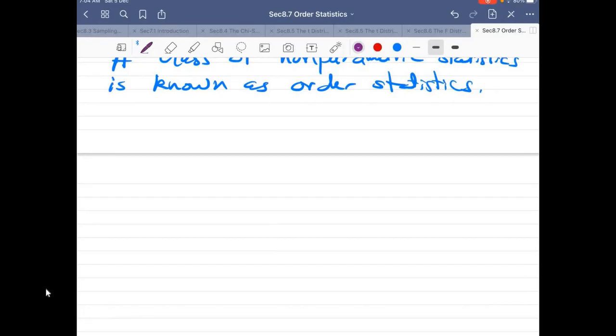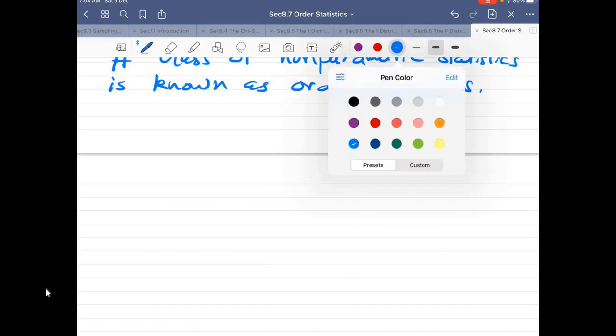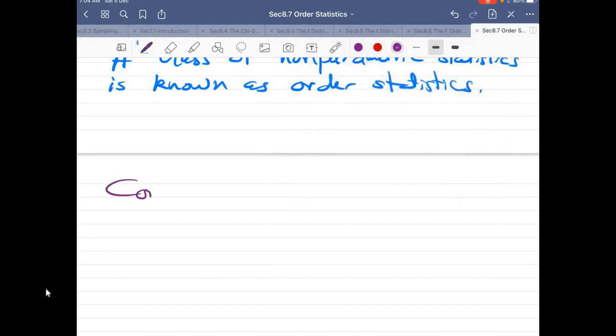Suppose that I have, they illustrated the idea here, and to simplify the idea, simply consider the case when n equals 2. I have a sample of 2 values.